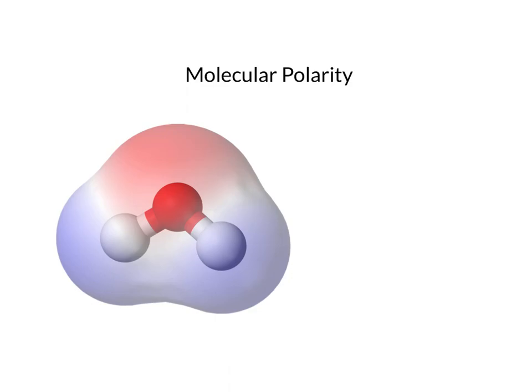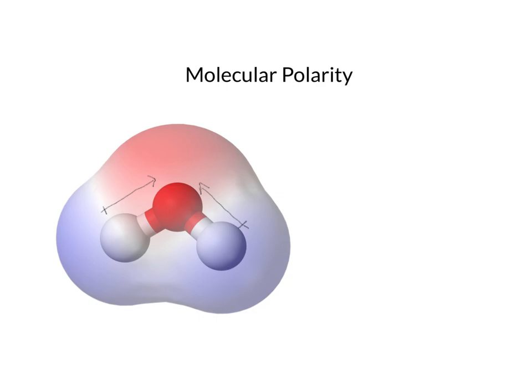Each of these bonds in the water molecule is polar. The oxygen has a higher electronegativity than the hydrogen, and therefore this is a polar bond. So we can assign a dipole moment to each of these bonds, and we can write a dipole arrow to show the direction and the magnitude of that dipole moment.